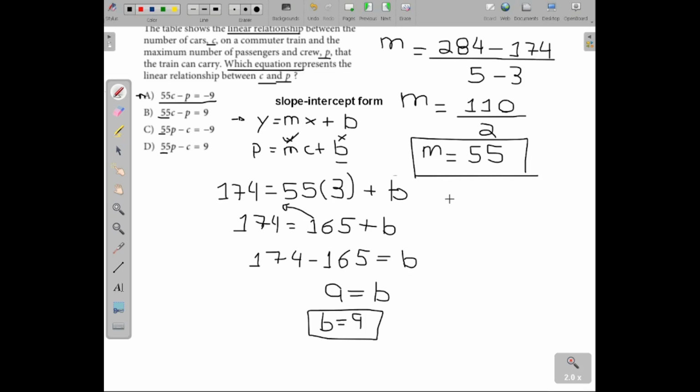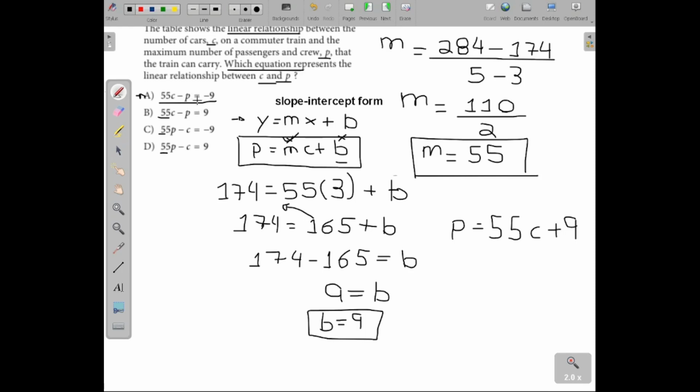Now we have the slope and the value of b. Now we can replace the value of the slope and b in this slope-intercept form. So P is equal to the slope 55 times C plus 9.